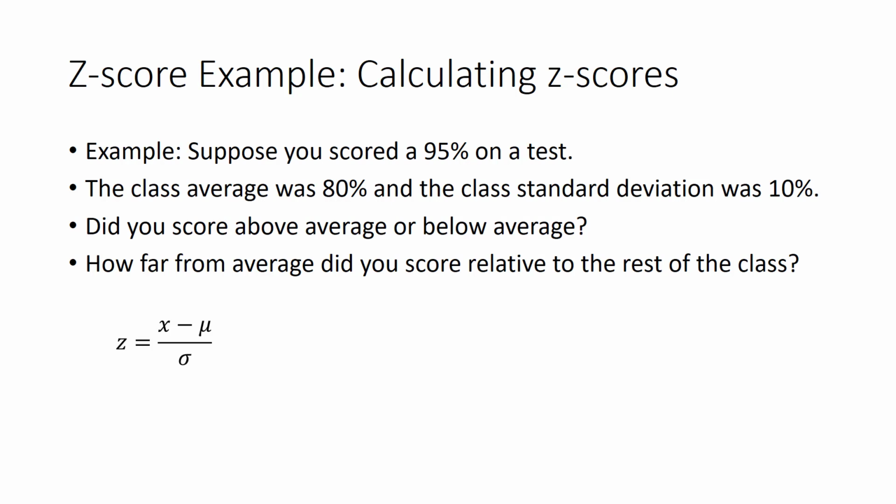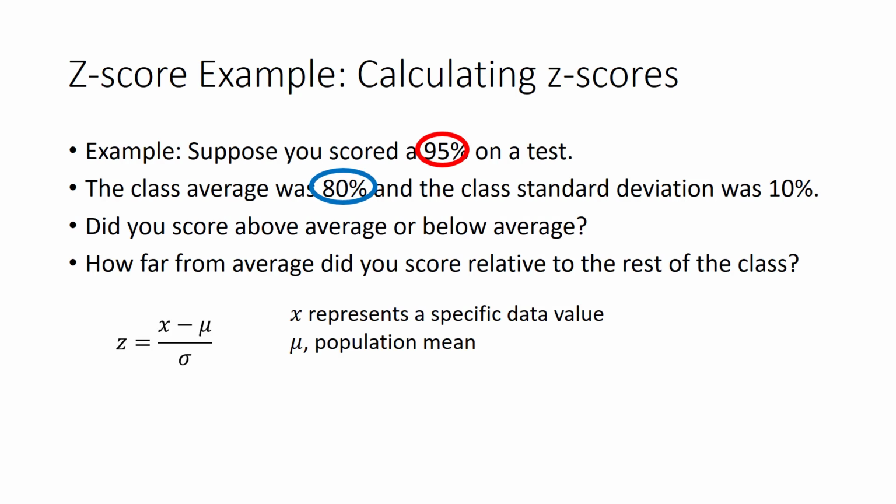So once again, we're going to use our Z-score equation to answer these questions. Remember, x represents our specific data value. In this example, the 95, the individual score that you scored, is the data point that we're curious about. So x is going to be 95.